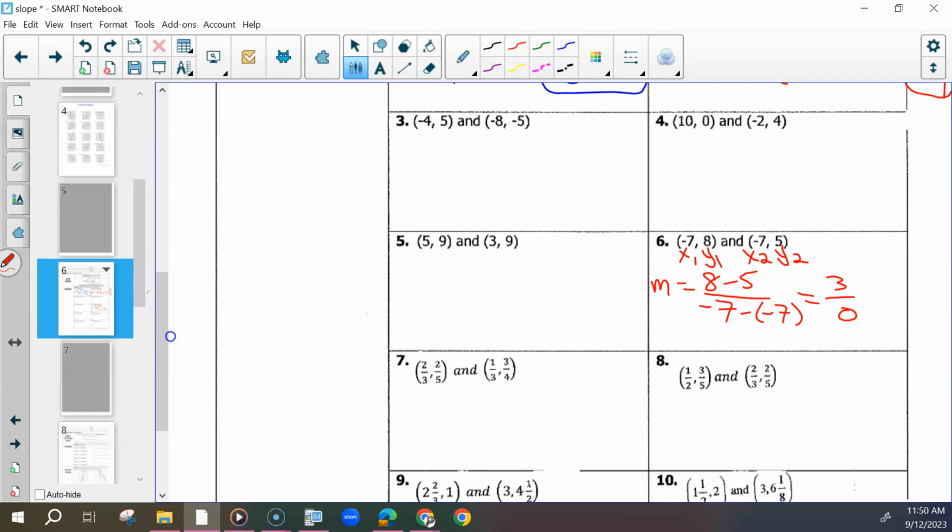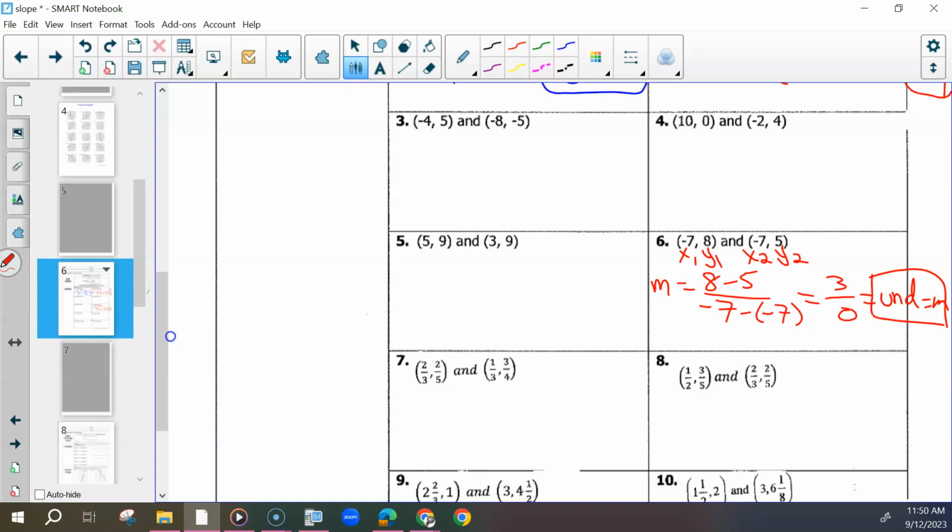Look back to the first page if you need to. Put this into your calculator so you can get 0. Anytime we have 0 in the denominator, this would be undefined.